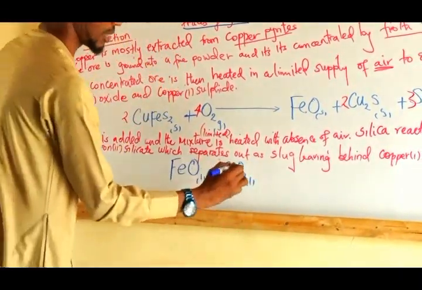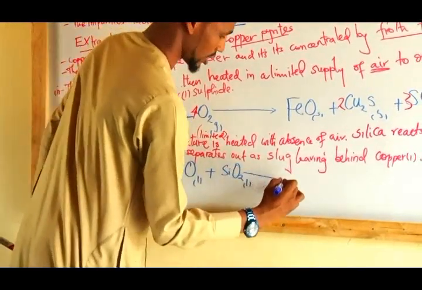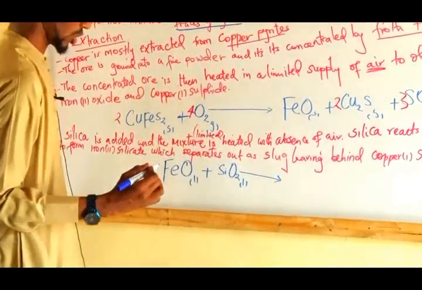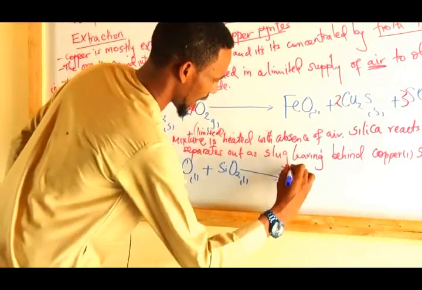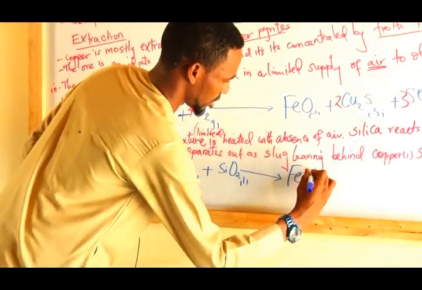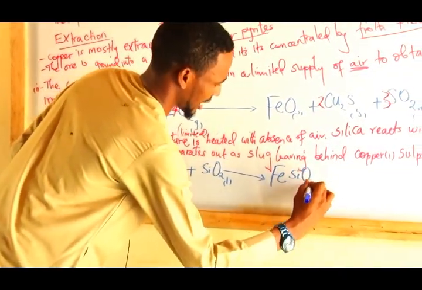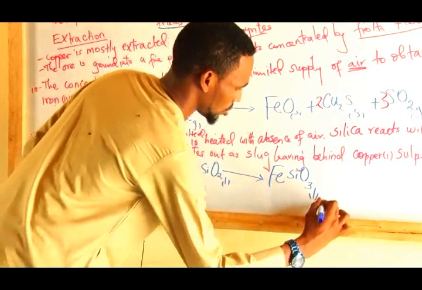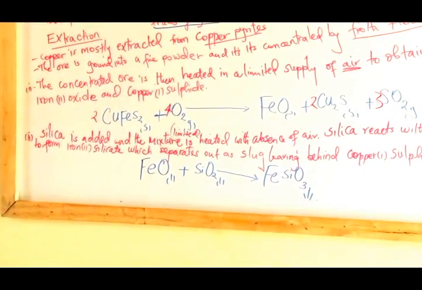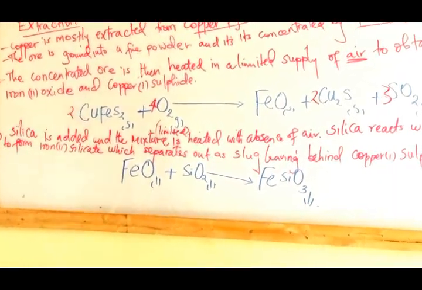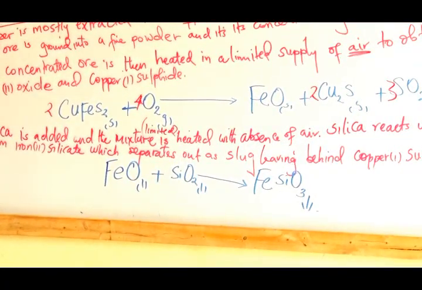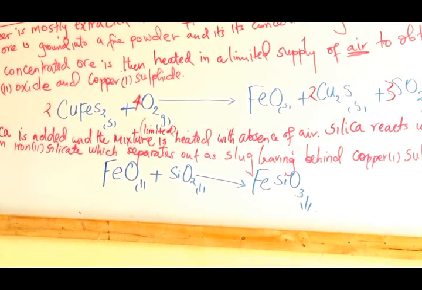Remember, we're writing L because it's already concentrated, molten. So it forms iron 2 silicate.